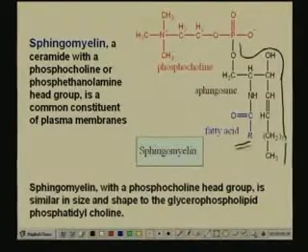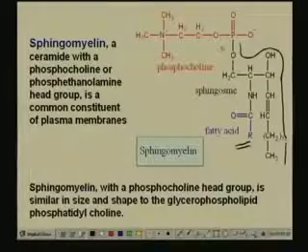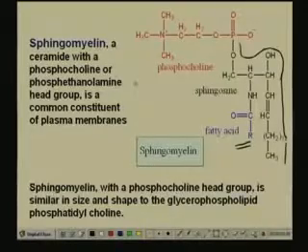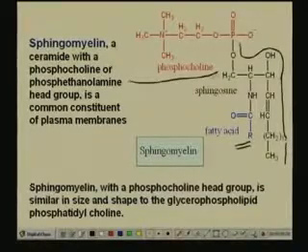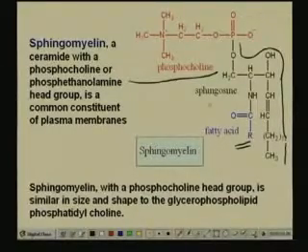This is the fatty acid attached to it to form an amide. And what do we have here? Remember there was an OH here. So, this can attach to another group forming a sphingomyelin. So, we have what is called a sphingomyelin, which is a ceramide with a phosphocholine.